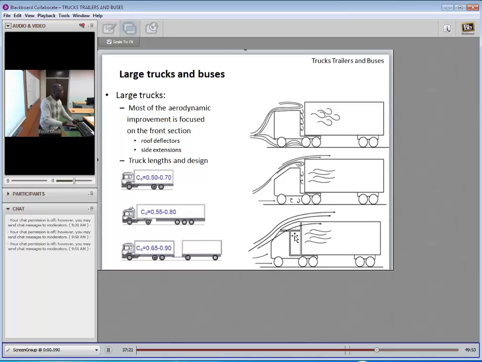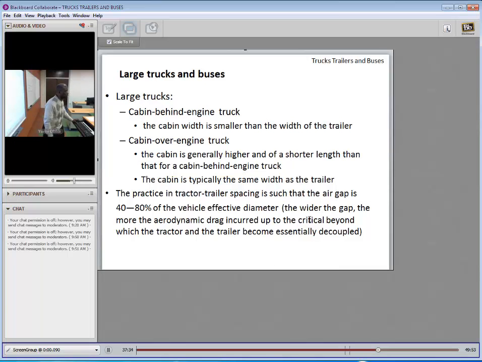It's used as a makeshift bed for the trailer driver, so that there's very little air gap here, and therefore a reduction in aerodynamic drag. So that's one of the things that is done for improvement in tractor-trailer design.